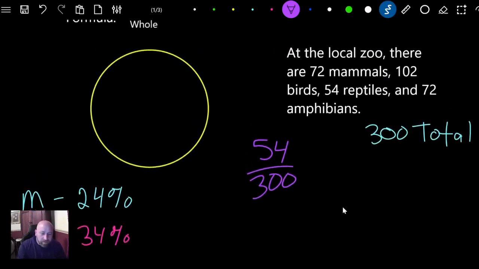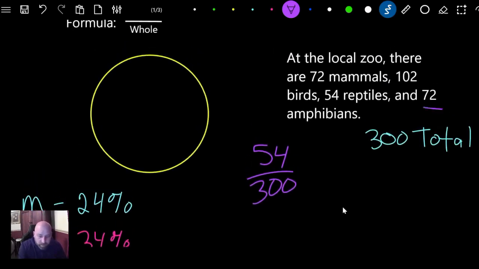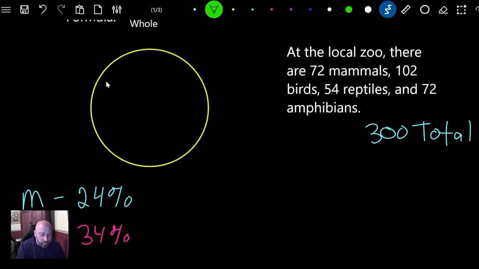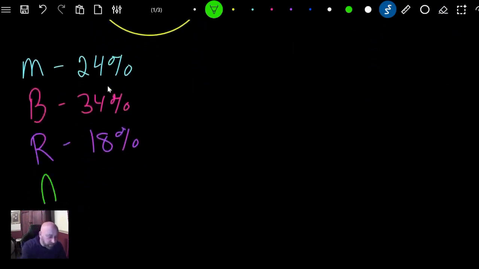And then notice that the amphibians match the mammals. There's 72 of both of those. So really we don't have to do that twice, because it's going to come out to the same thing. We're going to have 24% on the amphibians as well.